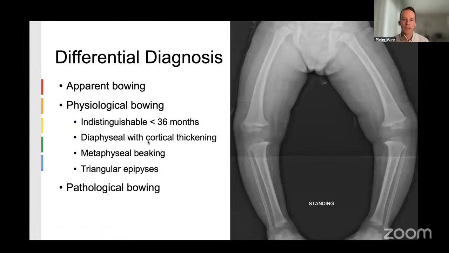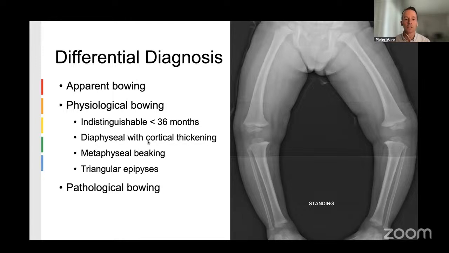So when a toddler presents to us with lower limb bowing, we have to consider the differential diagnosis. It might just be an immature gait pattern with externally rotated lower limbs with knee flexion. Alternatively, physiological bowing is more important because it's indistinguishable from Blount's disease before the age of 36 months.